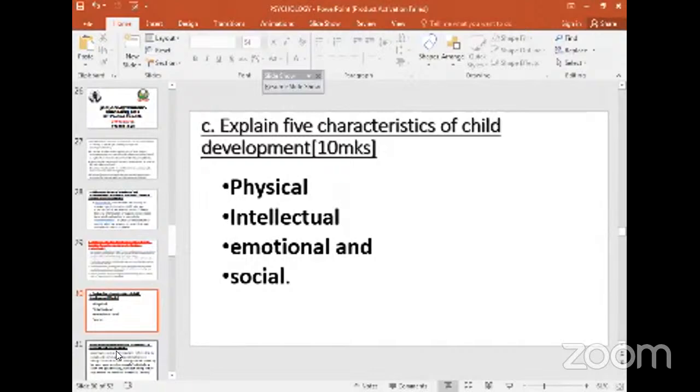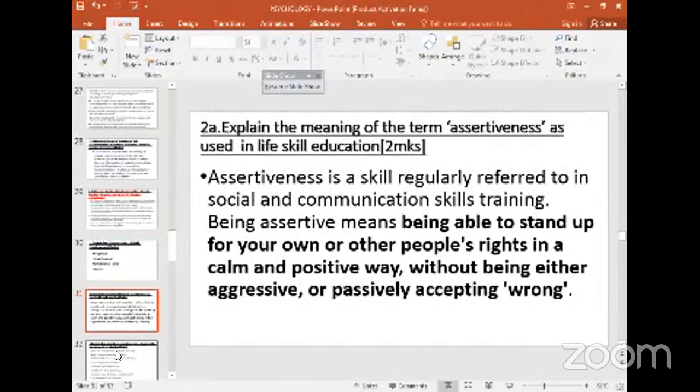We talked about the meaning of the term assertiveness as used in life skill education. Assertiveness is a skill regularly referred to in social and communication skills training.